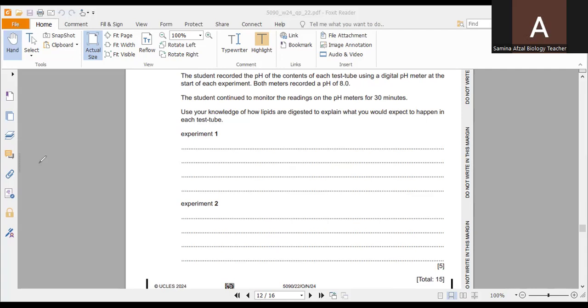Use your knowledge of how lipids are digested to explain what you would expect to happen in each test tube. First of all, I would like to explain that the digestion of lipids occurs in the small intestine.